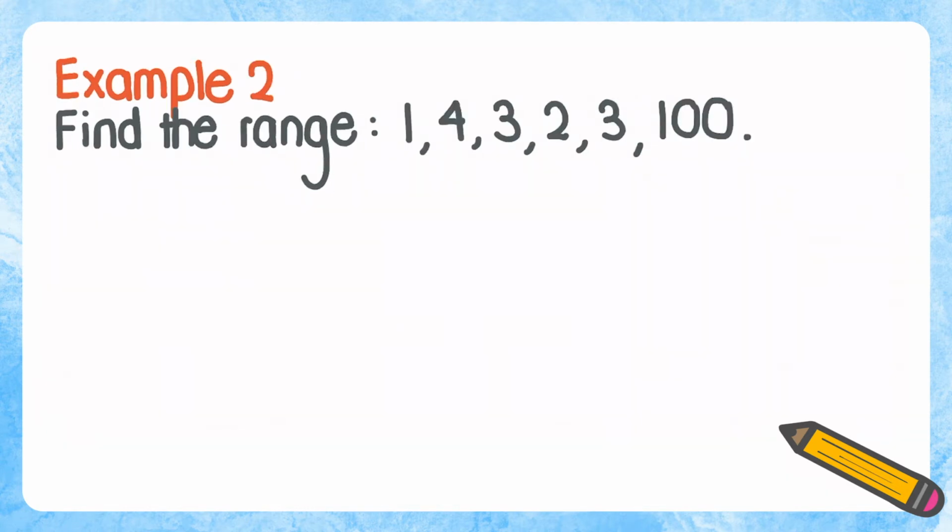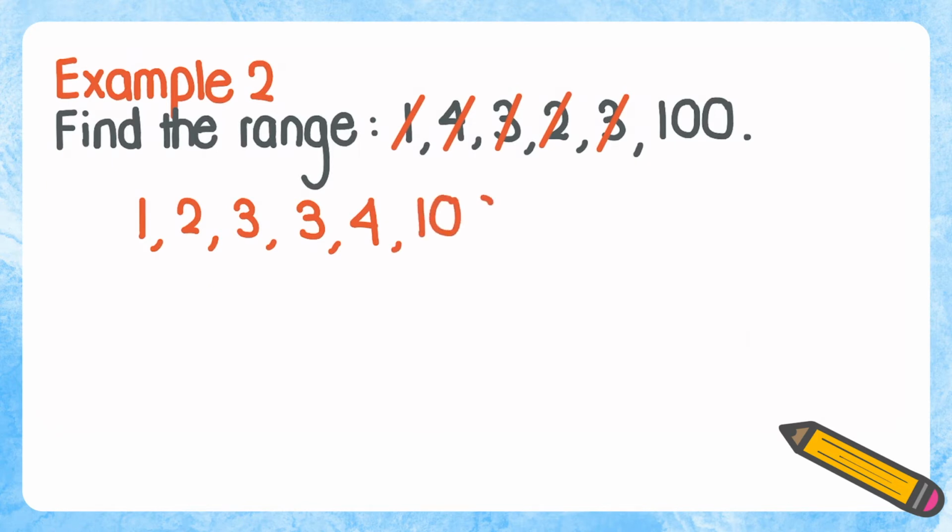Let's look at another example. So remember, first, we want to reorder from least to greatest. Make sure you're writing the actual example problems down too. So I have 1, 2, 3, 3, then 4, then 100. What are my largest and smallest numbers?